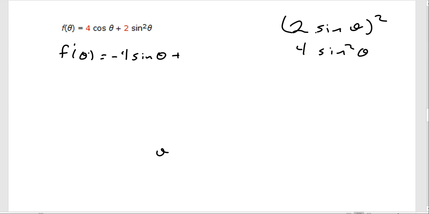What am I doing? 2 sine squared of theta. I meant to write it a little different, then I just confused myself.